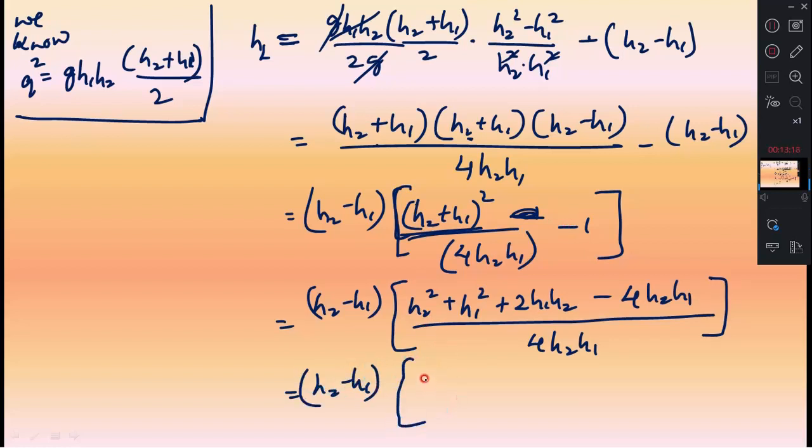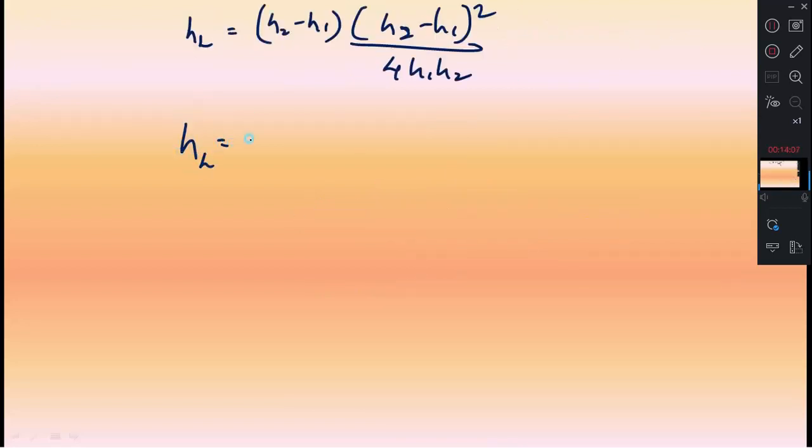Inside this is H2 square plus 2 H1 H2 plus H1 square minus 4 H1 H2, divided by 4 H1 H2. Digest it. H2 square plus H1 square minus 2 H1 H2 we can write as H2 minus H1 whole square. This is A square plus B square minus 2AB. Therefore the loss HL is equal to H2 minus H1 whole cube divided by 4 H1 H2.